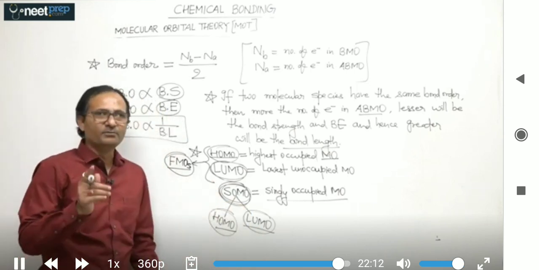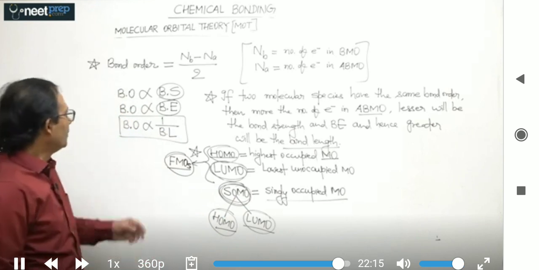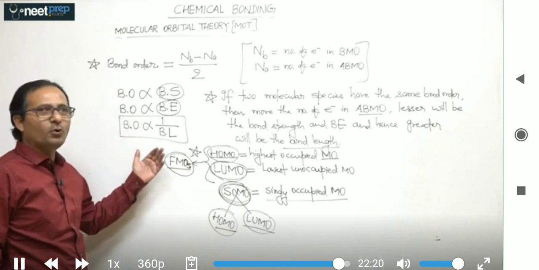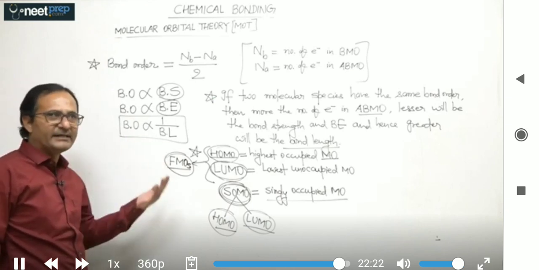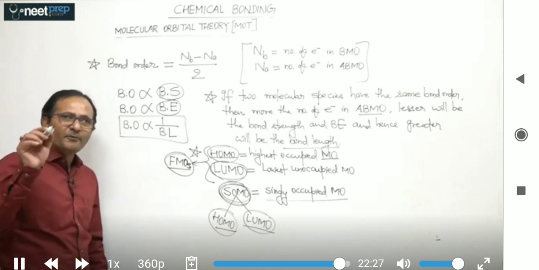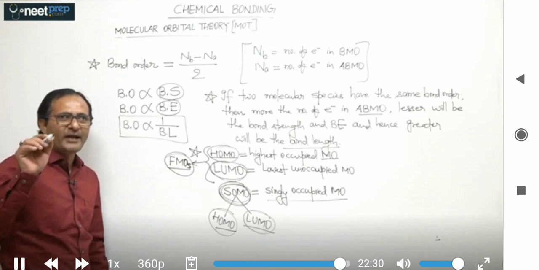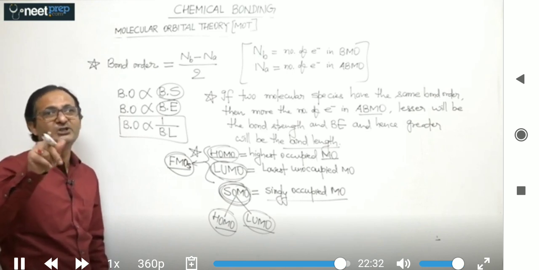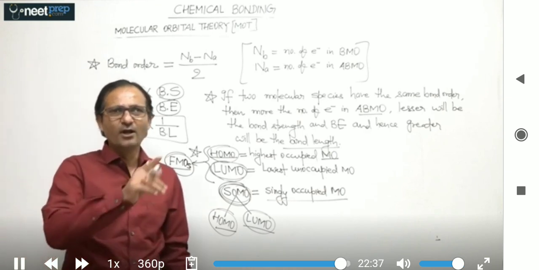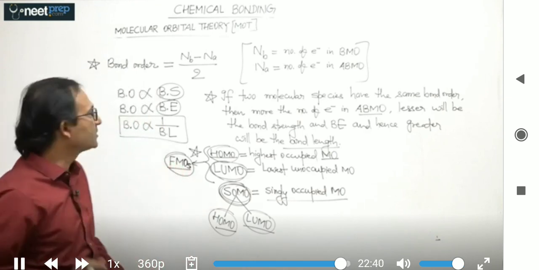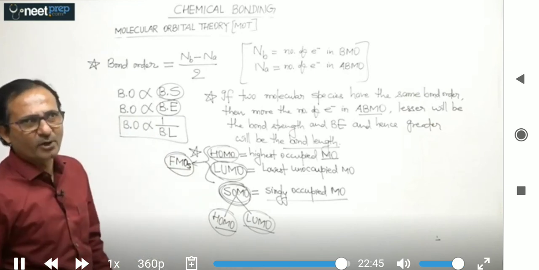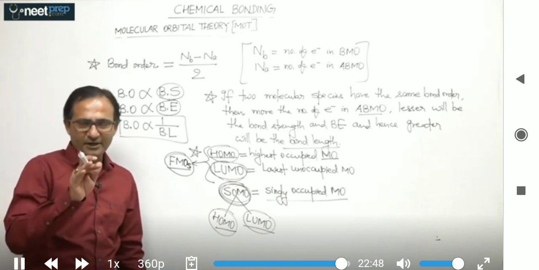So here you must remember, bond order of a molecular species can be 0, positive, negative, integral, fractional, everything. Now, if bond order of a molecule comes to be 0, then such a molecular species will not exist, right? So you may write down this: if bond order comes to be 0, then such a molecular species does not exist.